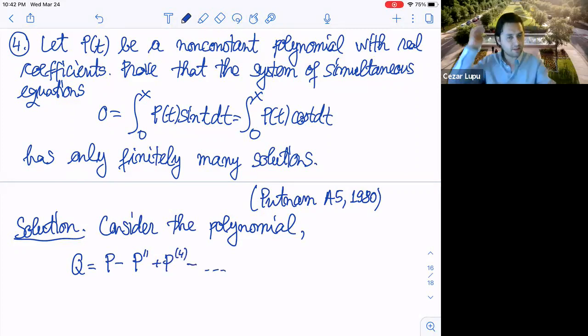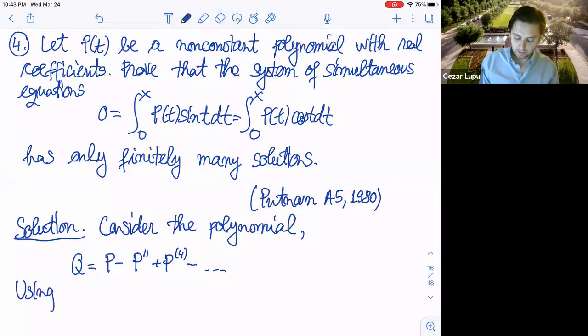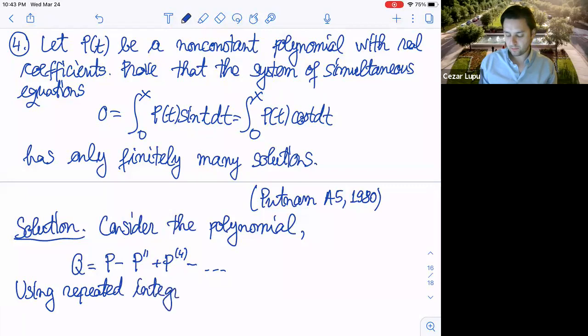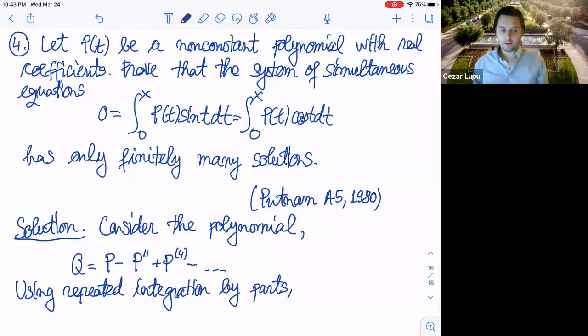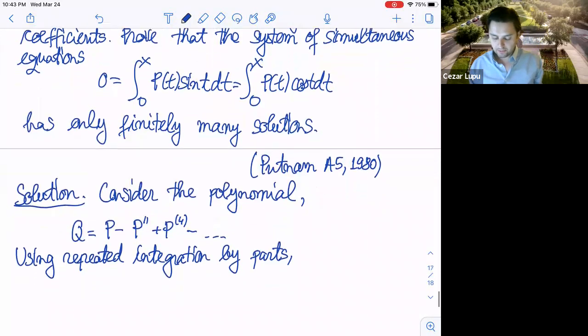So I'll alternate the signs in some way. And now using repeated integration by parts, anyway, I'm not going to go into details. I'm sure you can do the computations by yourself.